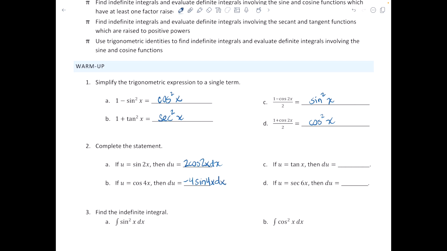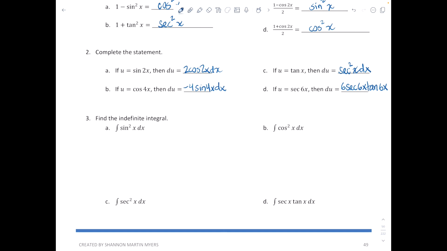If u equals tangent at x, then du equals secant squared at x times dx. And if u is equal to secant at 6x, then du is equal to 6 times secant at 6x times tangent at 6x. Good so far? Awesome.